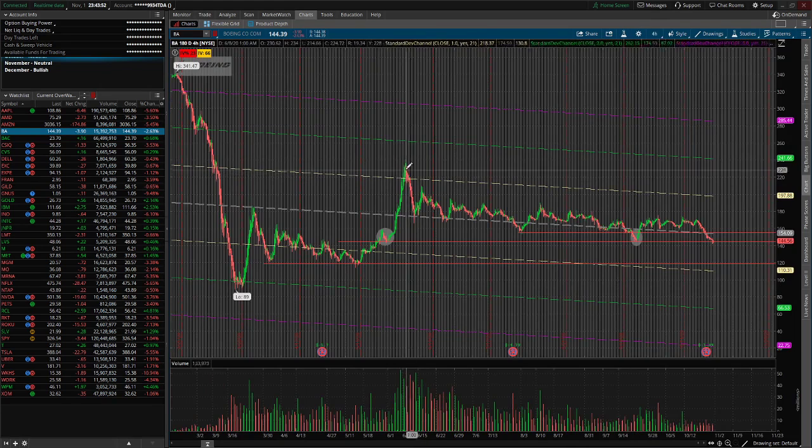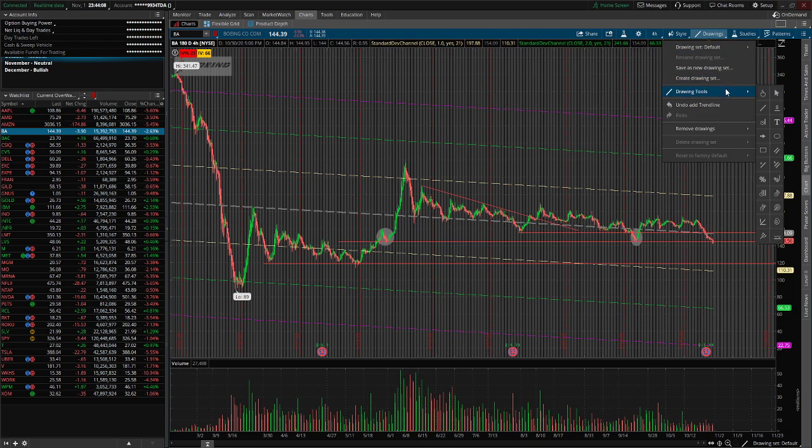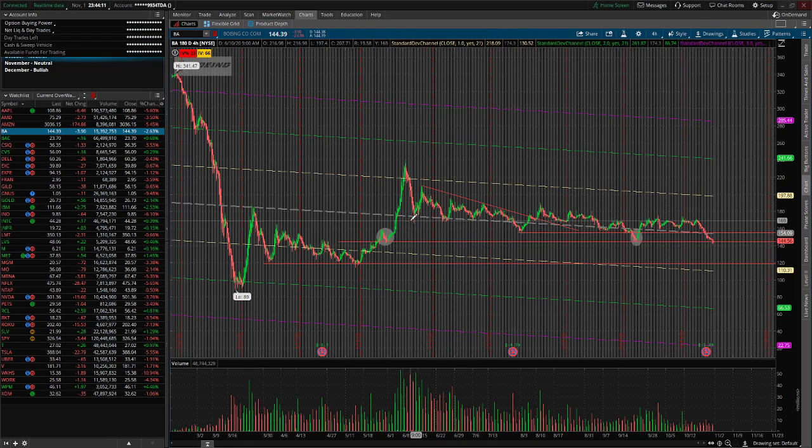I can show you exactly what I had. I didn't include the top high because it was too high. So this is what I had drawn, and I had a support level basically right there, and it broke through that support, right?